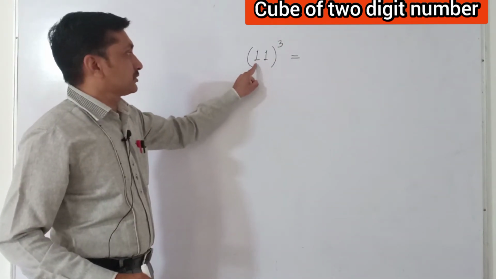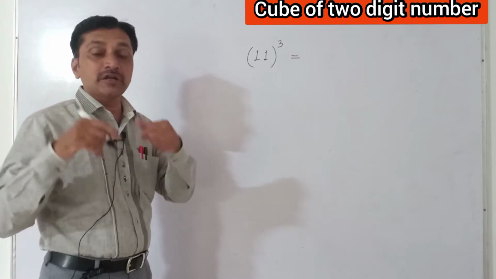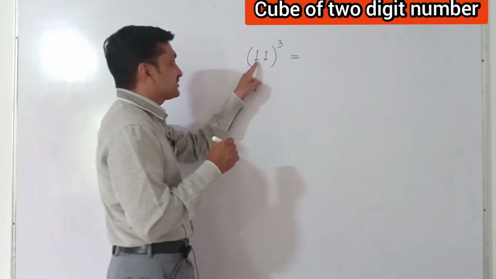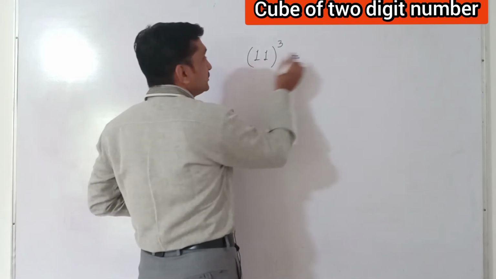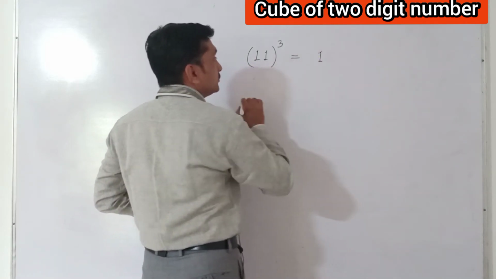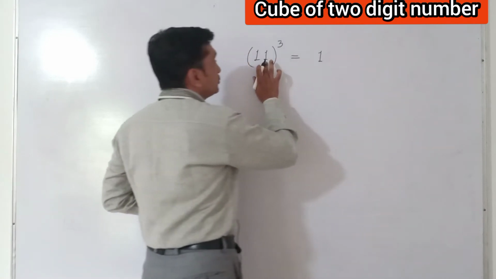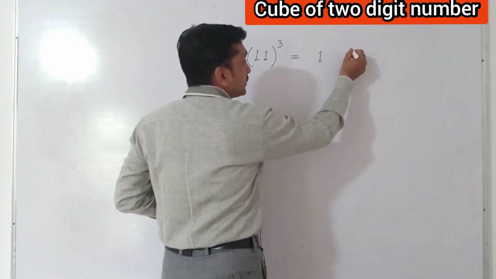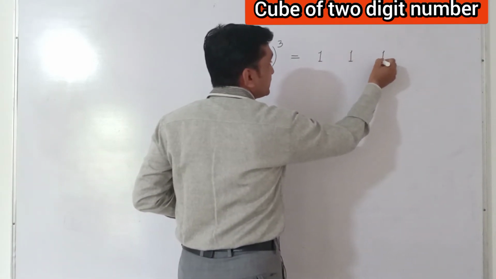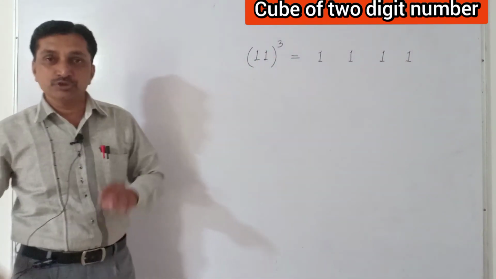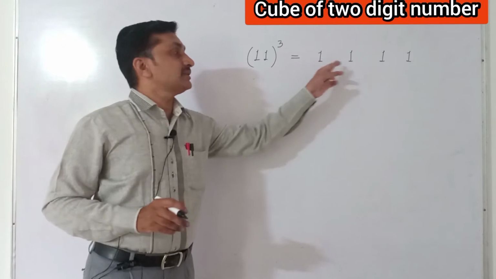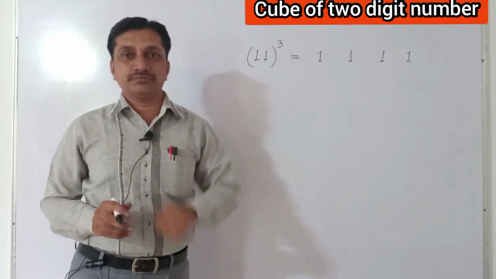First number, second number. When both digits are the same, then take directly the cube of each digit, because both are the same. The cube of 1 is 1. Here also I write the same, and here also. Whatever the cube of that number is, you write that number 4 times.